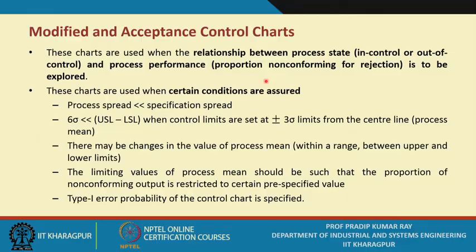That means the number of non-conforming units produced as per the specifications will be very small. But in this case, what you try to do is first use a modified control chart and check whether the expected number of non-conforming units is within control.